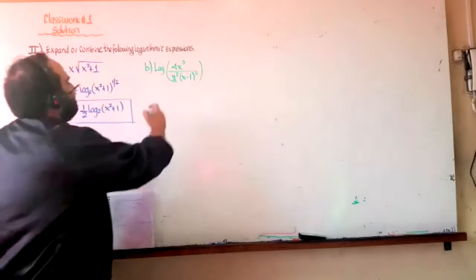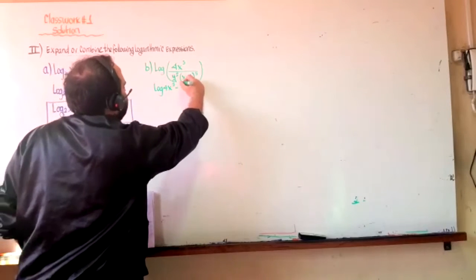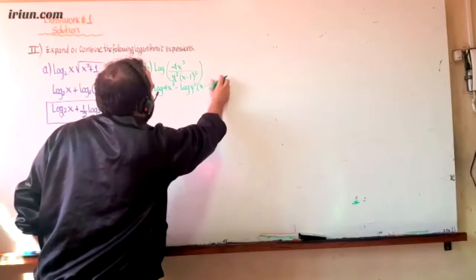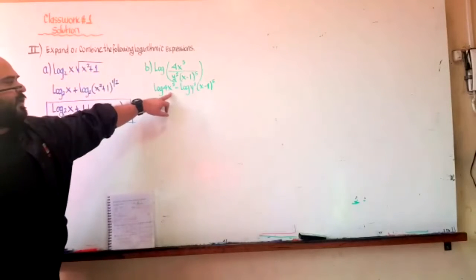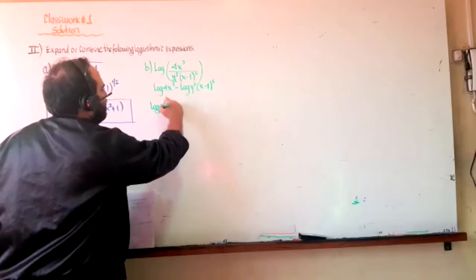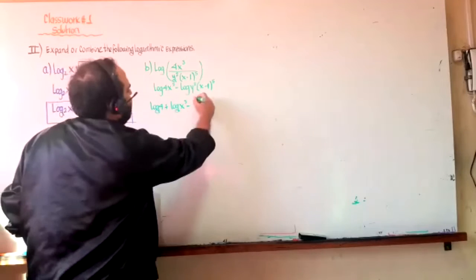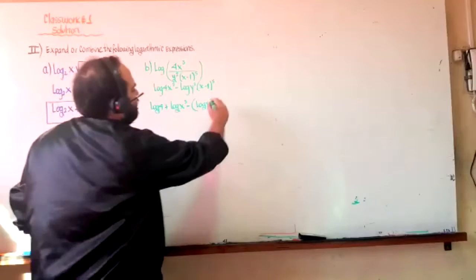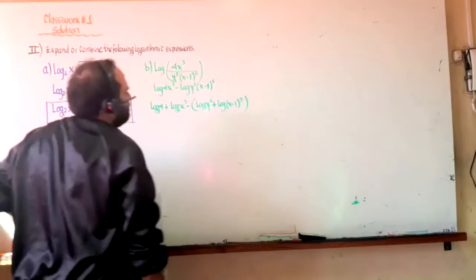So the first thing that we have to do is subtract the first one minus the second one, log y squared parentheses x minus 1 of the fifth power. Because we have a product, we have extension by addition. I mean log 4 plus log x cubed minus parentheses log y squared plus log x minus 1 fifth power.